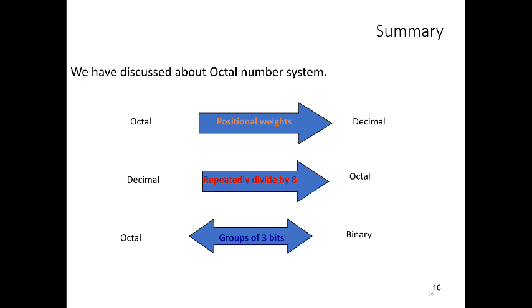Next, whenever you convert from octal to binary, or binary to octal, you should group 3 bits. And octal to decimal means positional weights, 8 to the power of 0, 8 to the power of 1, in that way.